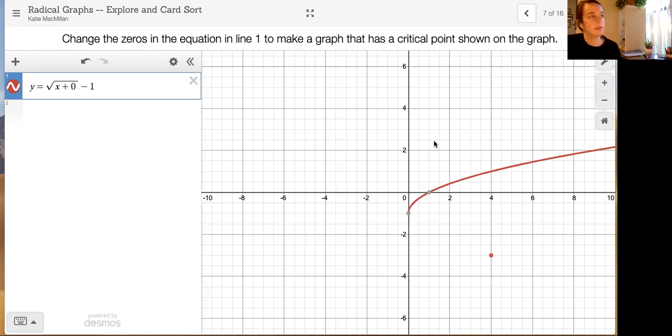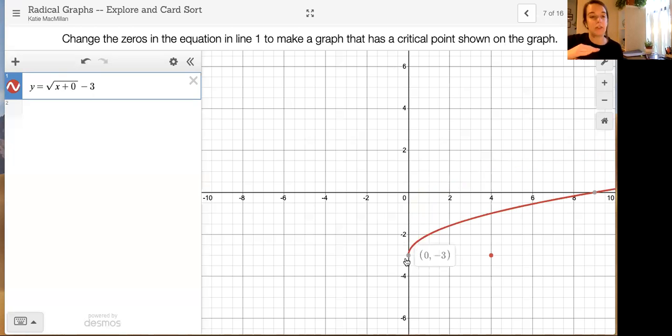So if I'm thinking about slide 7 here, I want it to move down to right here, right? So like -3. Instead of -1, I might try -3 like that. And now my graph has shifted down 3. Now I need it to shift to the right, +4.